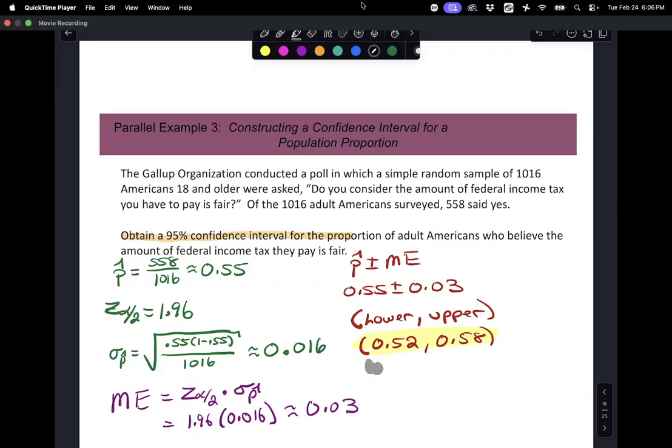Oh, that is not a pen. I'm not going to do it like that. Okay.